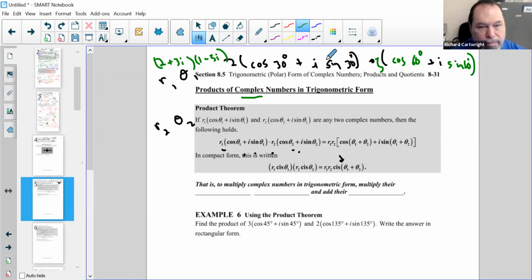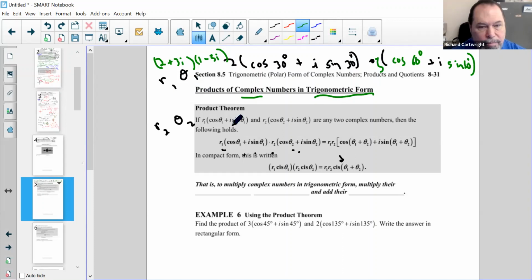Well, that's what you're doing here, but they're written in trigonometric form. That's the problem. It'd be so much easier to do it in rectangular. Okay, but if you don't want to do it rectangular.